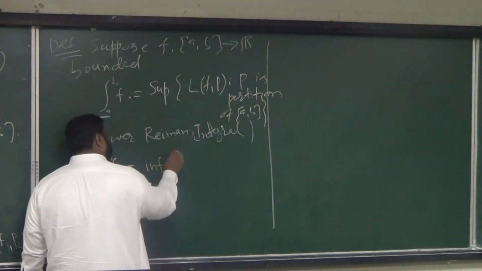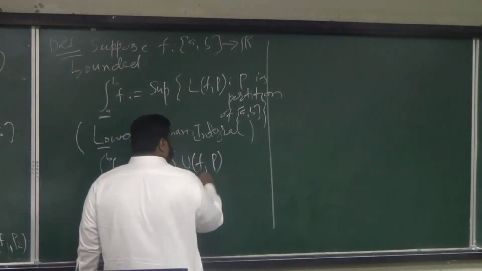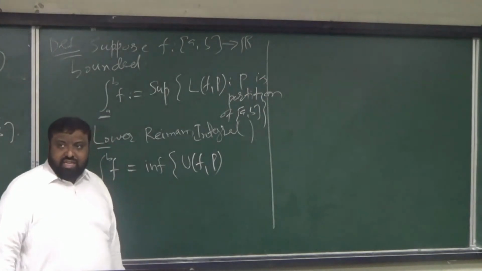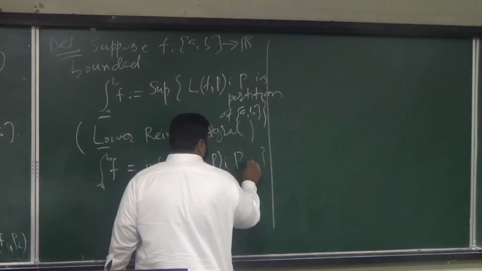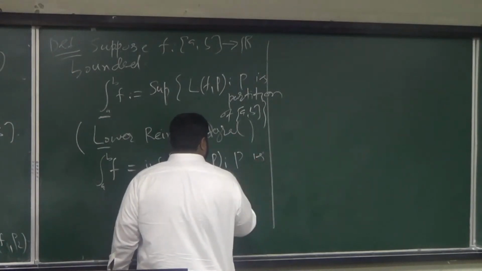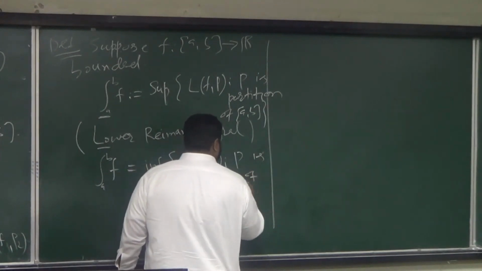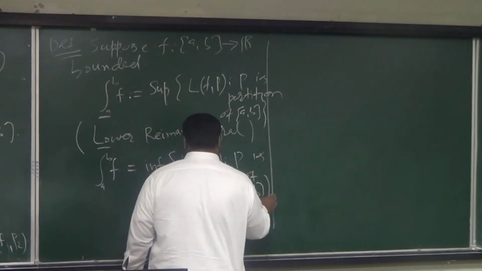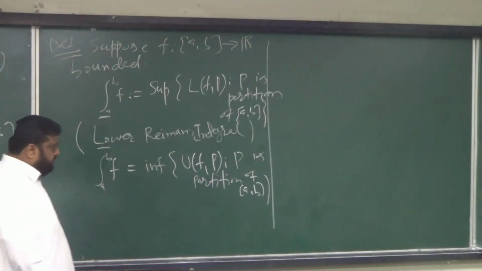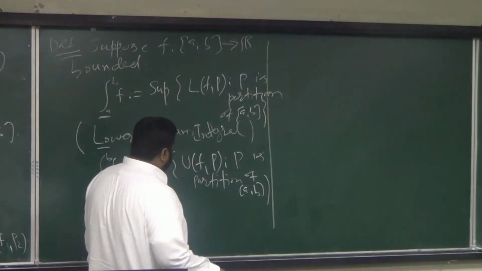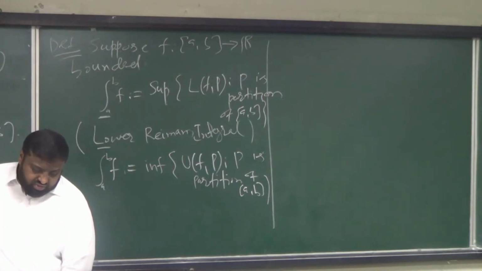It should be the infimum of UFP. Try to make UFP as small as possible. Use partitions of A to B. Define it, and obviously this should also exist. There's no doubt about that.